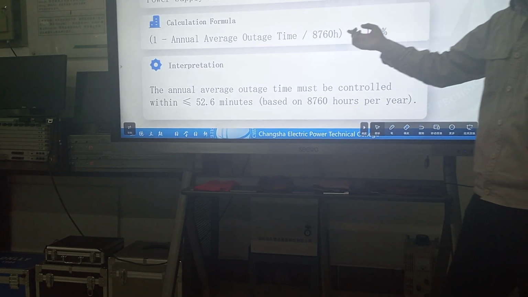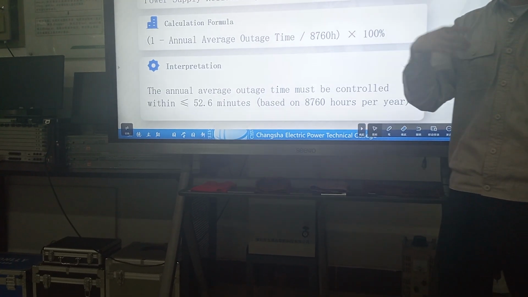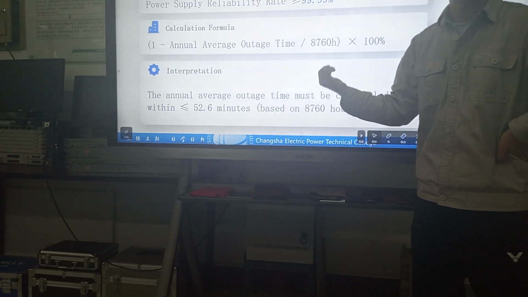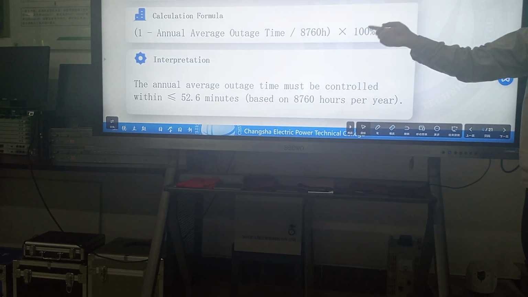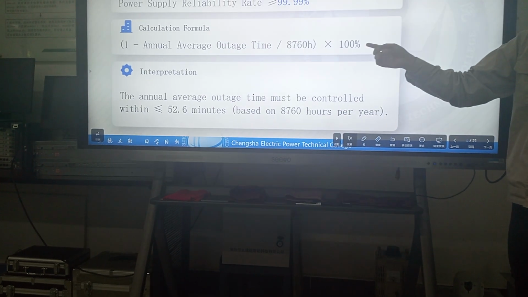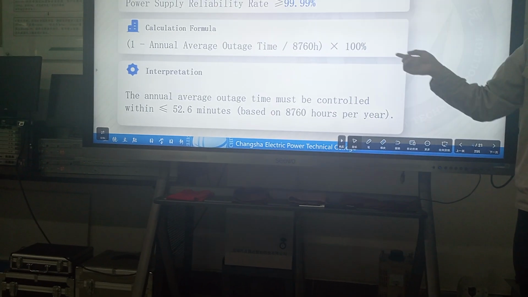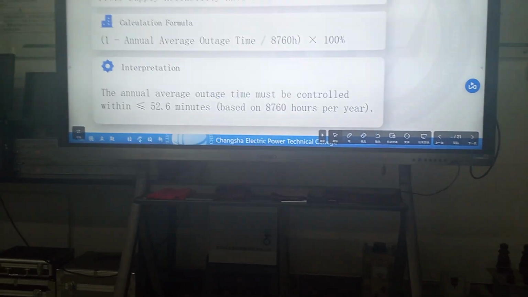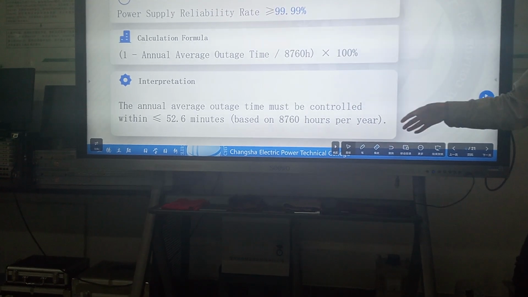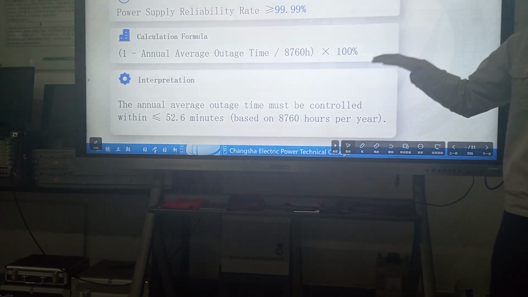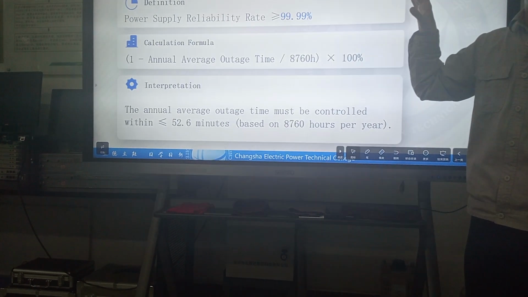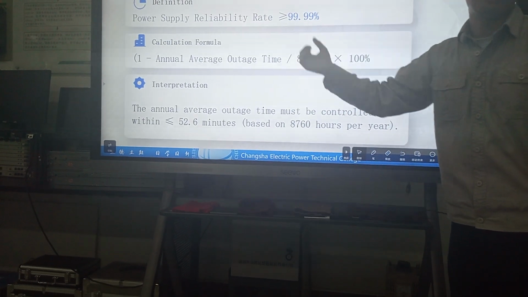A year has 8,760 hours, right? Then times 100%. Then we can get the figure of the power reliability.